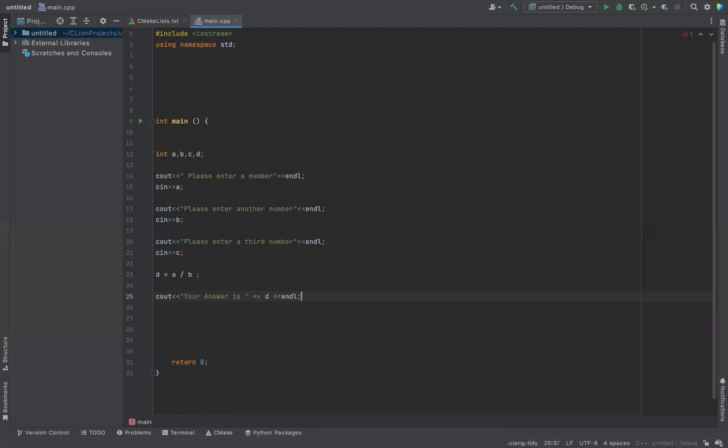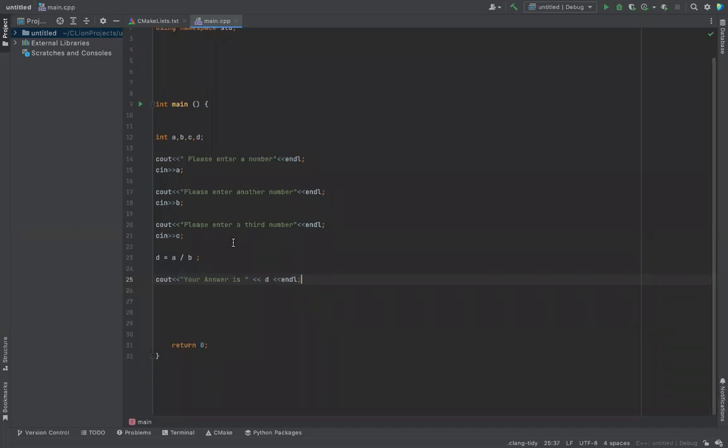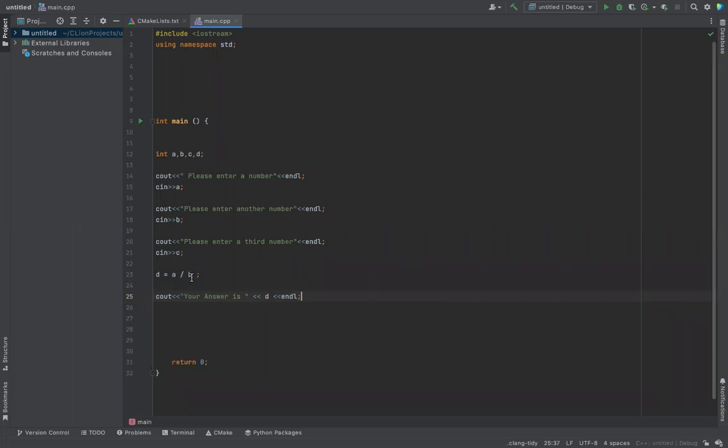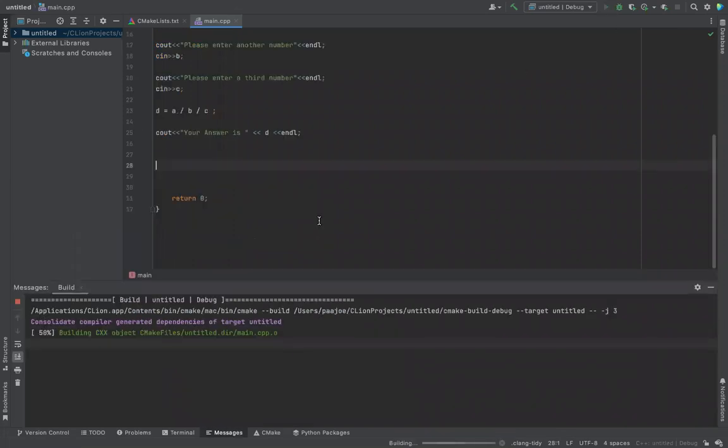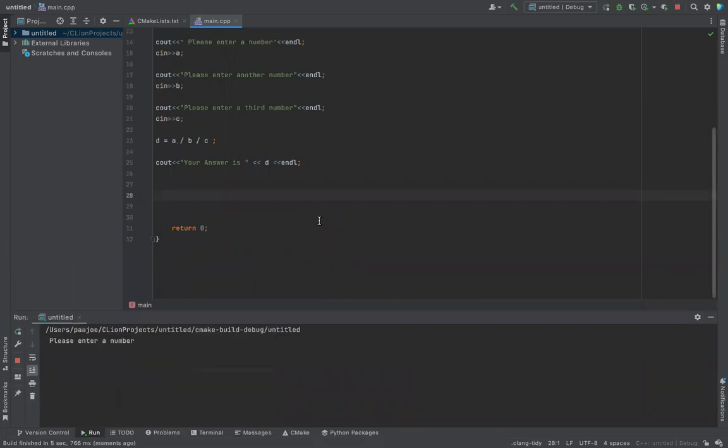We are learning how to use operators. Who else? So let me run this code. Who else has been able to run a code?